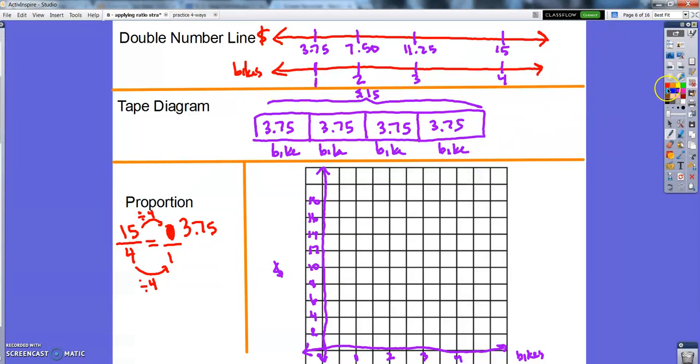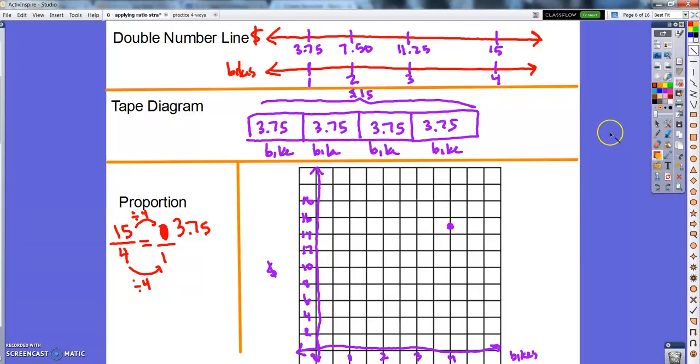So we know that for 4 bikes, he gets $15. That's going to be halfway between 14 and 16, right? There. 4 bikes, $15. So if I then make my line, I'm sorry, this is a line, actual line. Make it red.